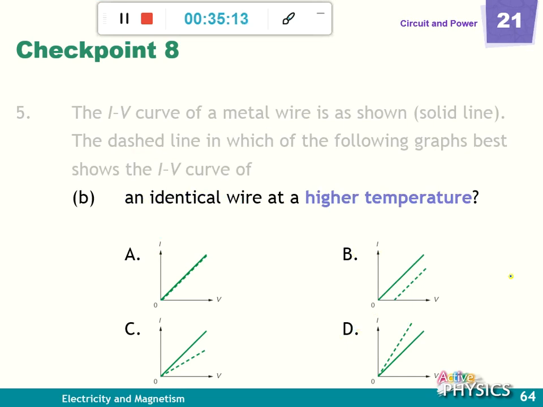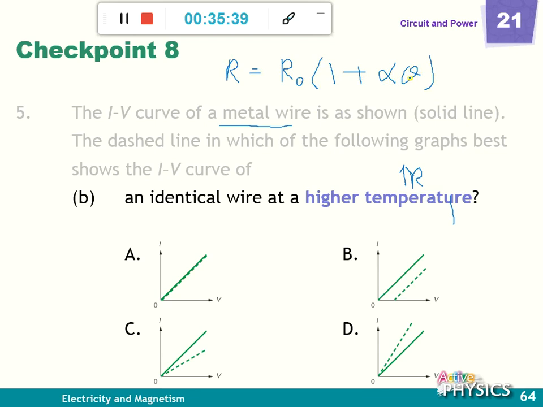How about part B? Higher in temperature. Once again, what is this material? It's a metal. Higher in temperature, resistance will be higher. Then we have the other formula to tell you what happened. R should be R0, which is at 0 degrees Celsius, times (1 plus alpha theta).